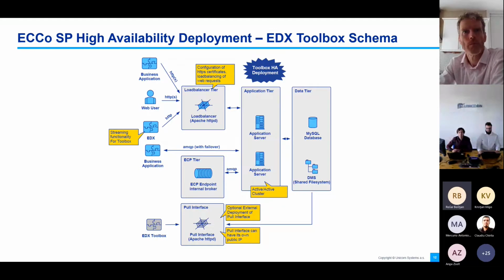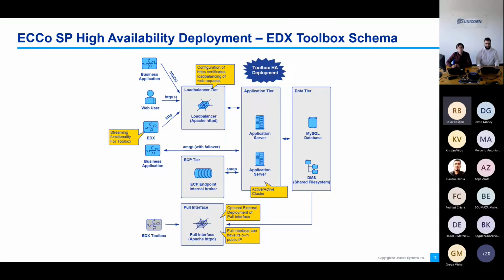So when we have the full schema of the HA deployment of the ECP endpoint, you will get, let's say, four containers or four logical machines for ECP and EDX, and then you get additional ones for the database and an additional one for the broker if you opt for this. So actually you have like six logical instances, logical servers, at minimum supporting this HA. Is this correct?